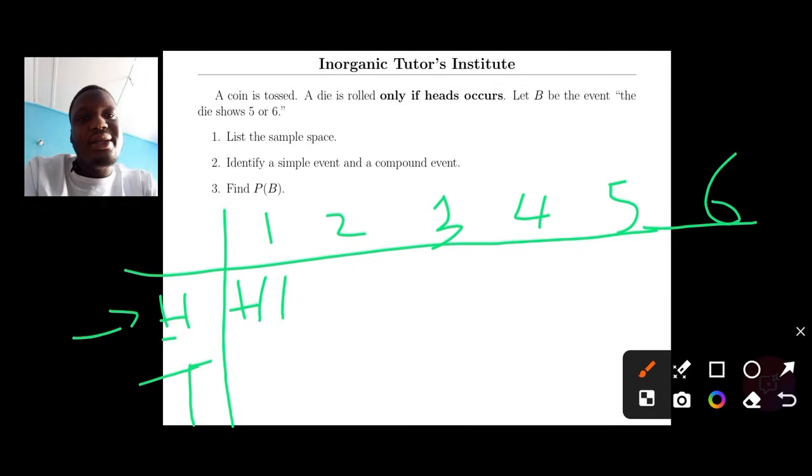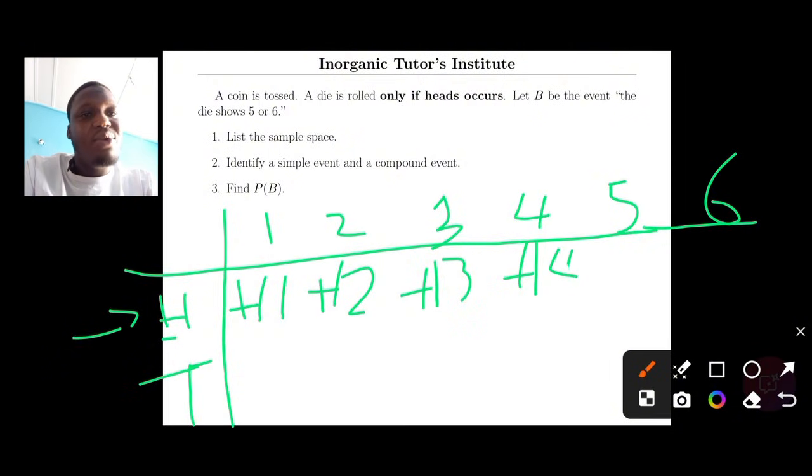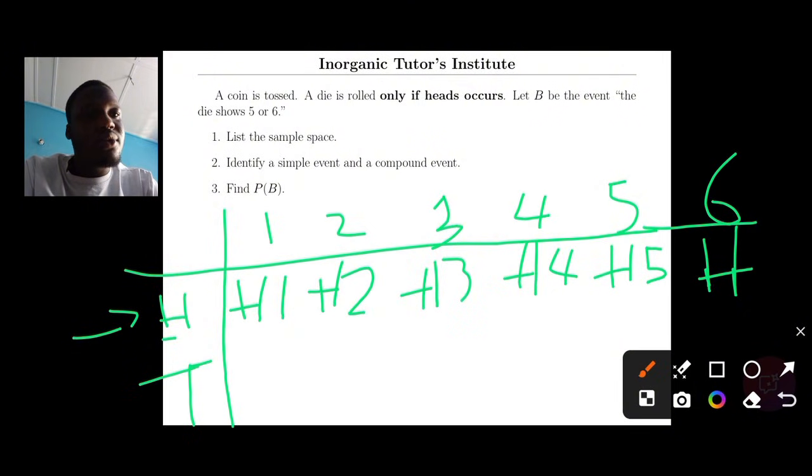Someone might toss a head and roll a 1. So that's H1. If it's not possible, we don't include it. Similarly, H2 is possible. In fact, H3 up to H6, they are all possible. This means that after you get a head, any number for the die is possible.